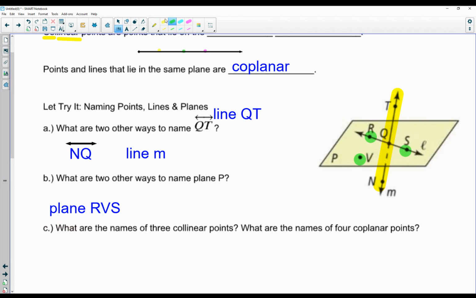All right, so now let's pick Q. We'll pick V, and how about R? So we could pick plane QVR.